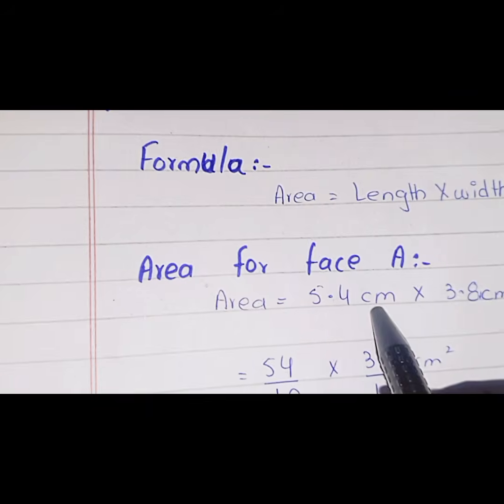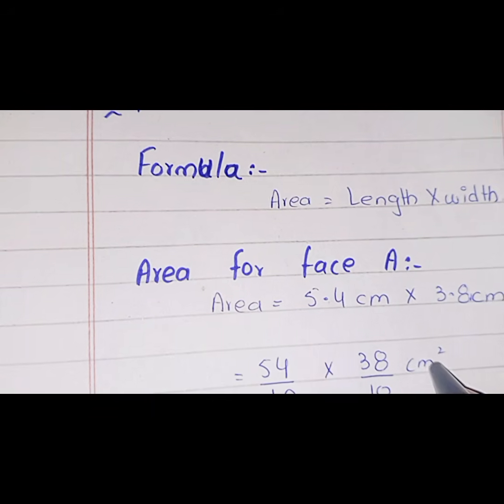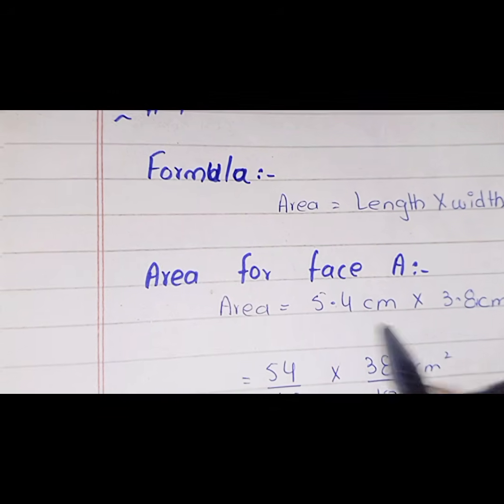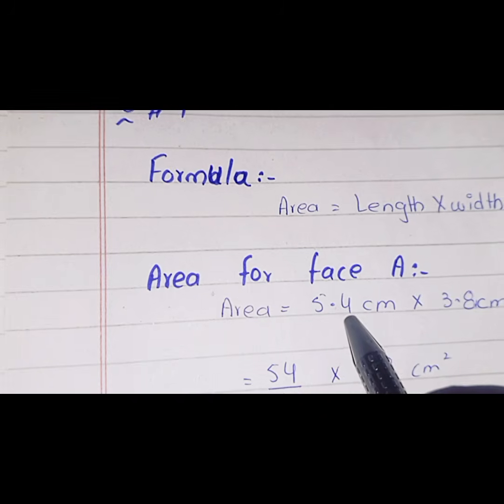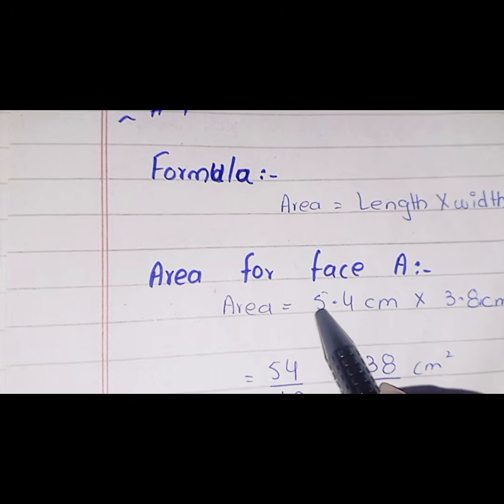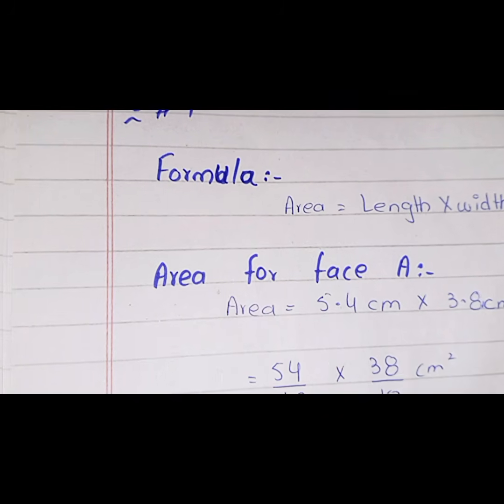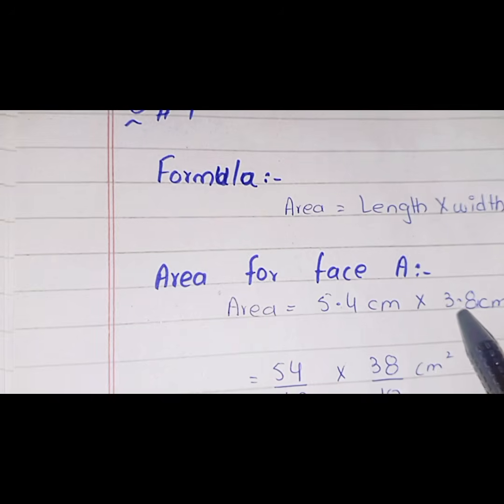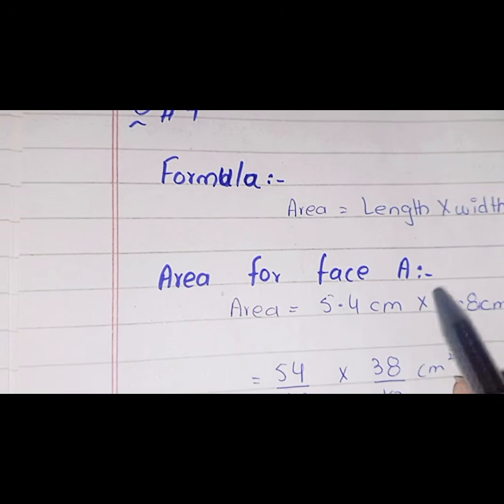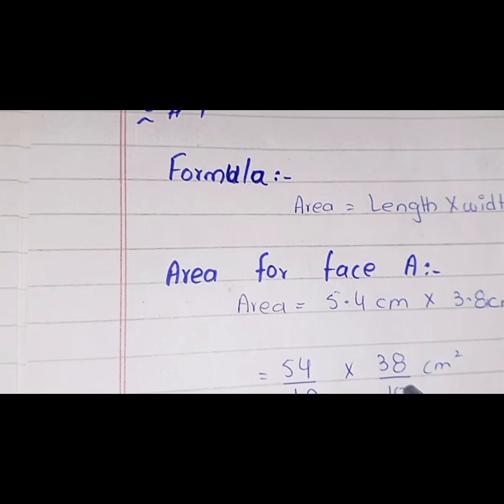When we multiply centimeter with centimeter, we get centimeter square. Now there is only one digit after the decimal, so we can divide this number by 10. Same, there is only one digit after the decimal, so we can divide this number by 10.